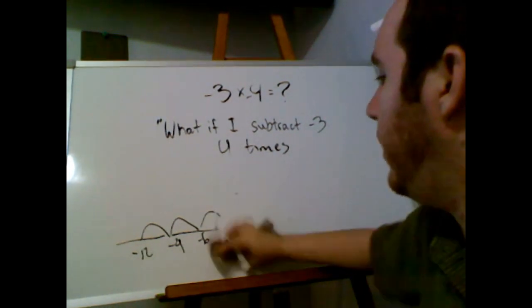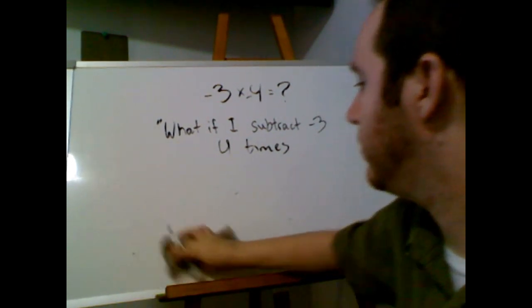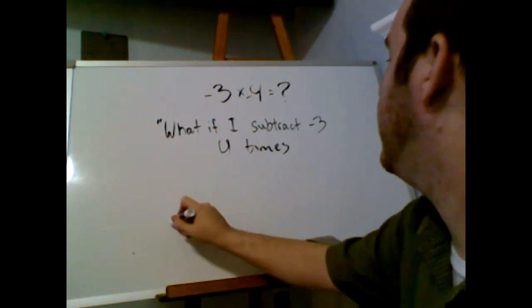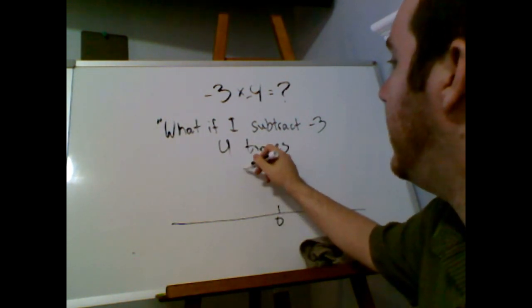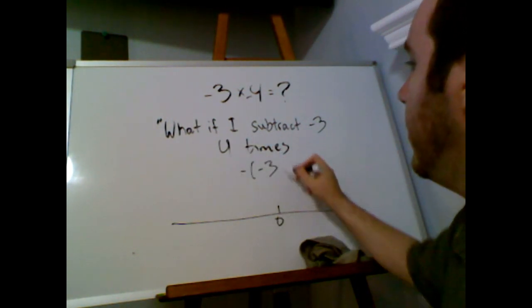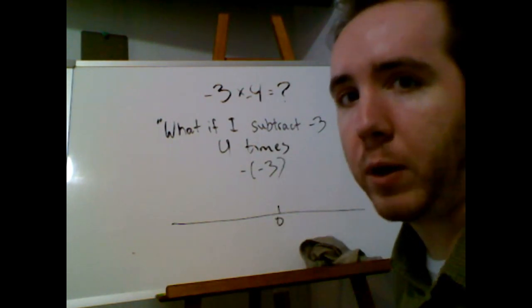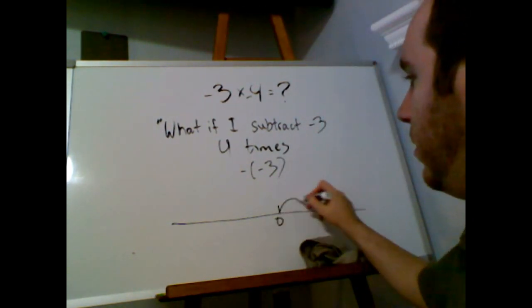So what I'm doing now is I'm starting from 0, and I'm going to subtract negative 3, and when we subtract negative 3, we end up moving in the positive direction.